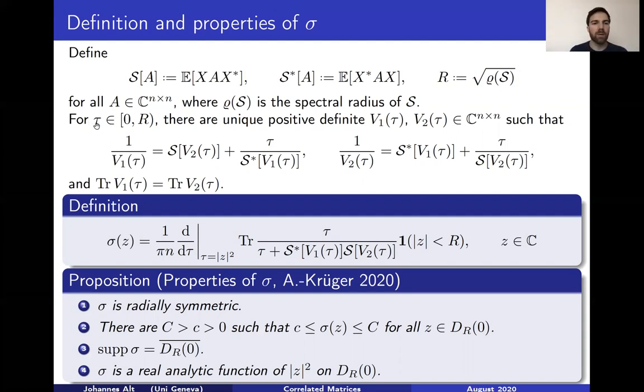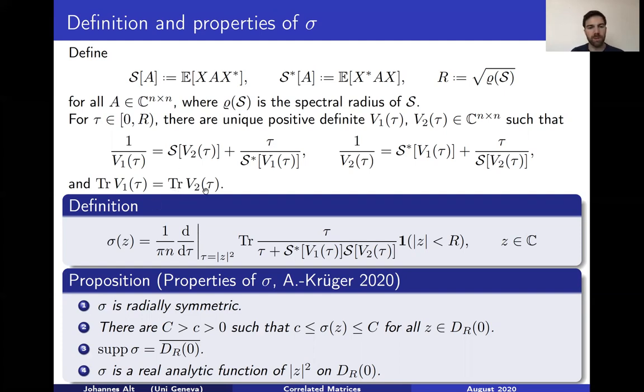Then for any tau in 0 to R, there exist unique positive definite matrices V1 and V2, both n times n matrices, such that the two coupled n by n matrix equations here are satisfied under the constraint that the traces of the two matrices coincide.